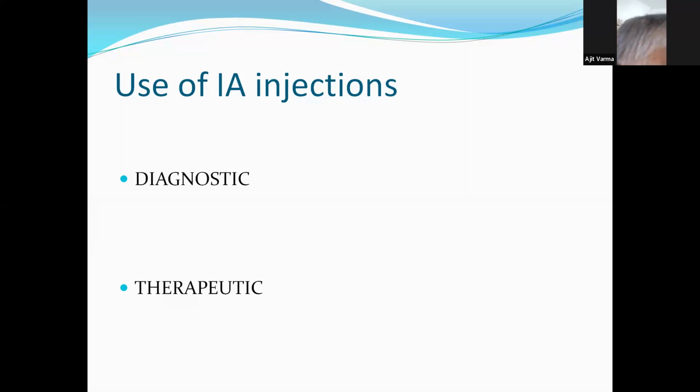Therapeutic indication: we all know that it is very useful as a minimally invasive procedure, or as a part of conservative management for dealing with numerous conditions. Those indications are like osteoarthritis, very commonly used. Osteoarthritis of the knee, first line of treatment.